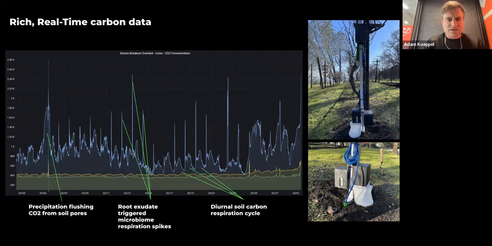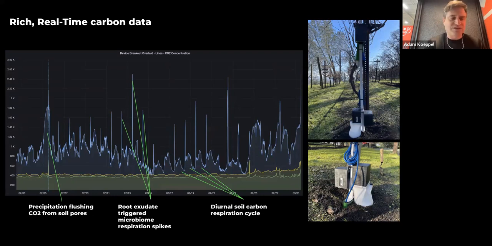Over time, we also see growing significance of the root exudate triggered microbiome respiration spikes. So what's happening here is as photosynthetically active radiation arrives on the plants, both the cover crop and the vines, that triggers a release of root exudate in the morning to stimulate energy exchange between the soil microbiome and the plants.